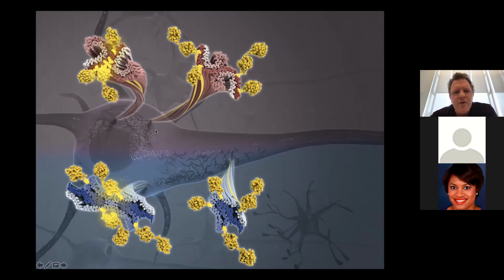Here is a neuron, and I'm showing an artist's impression of where these filaments would be and what they might be doing. But what we really want is in-cell structural biology. We would love to be able to solve structures directly in their place of work and function, which is in cells.